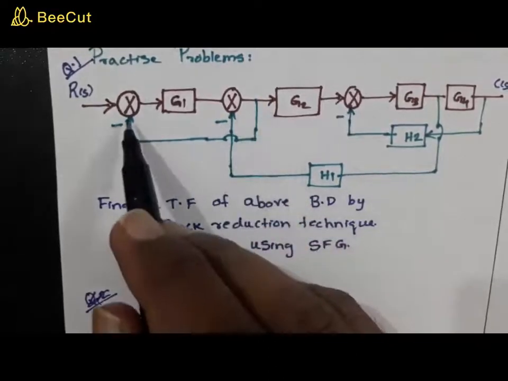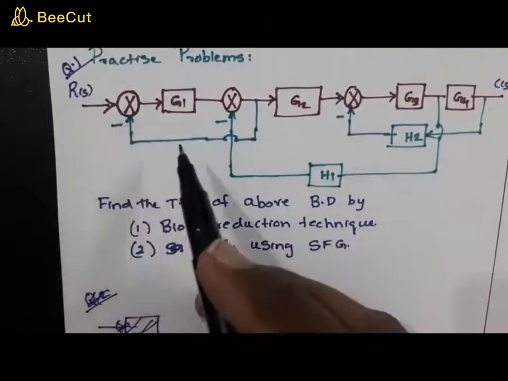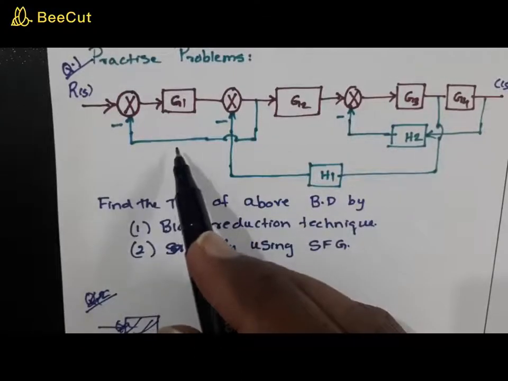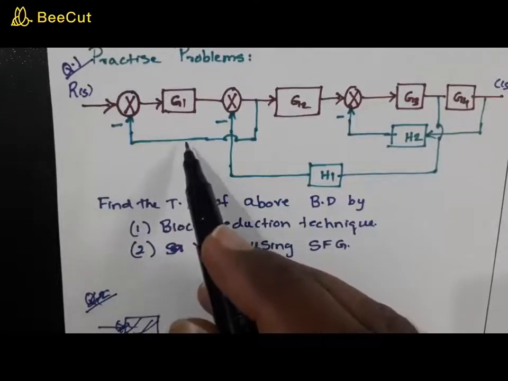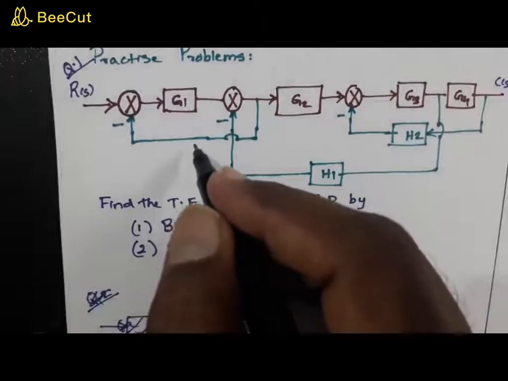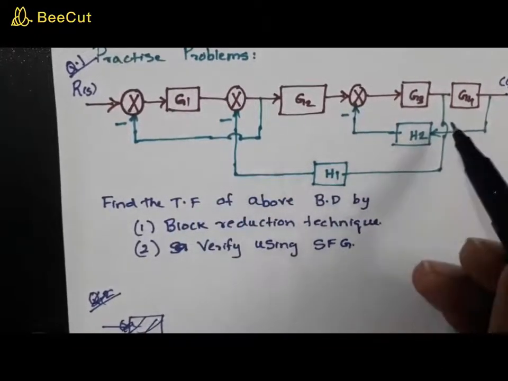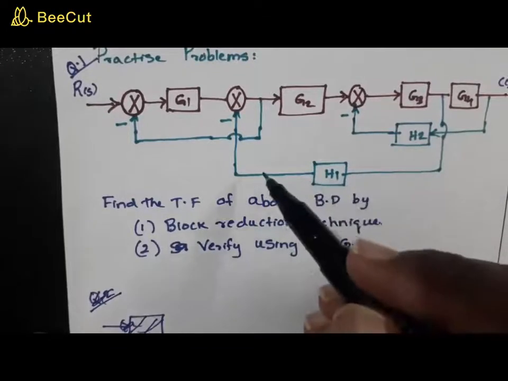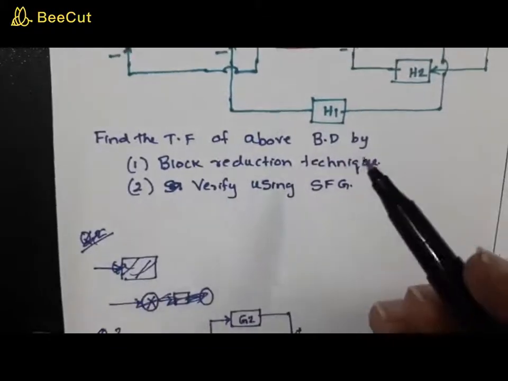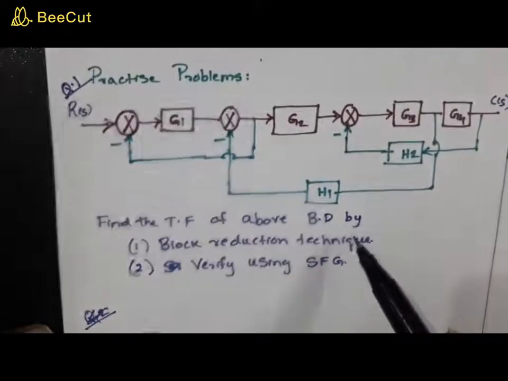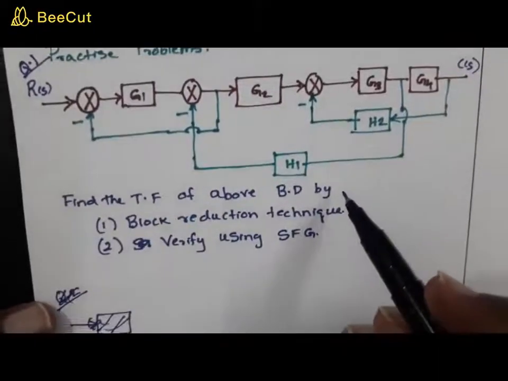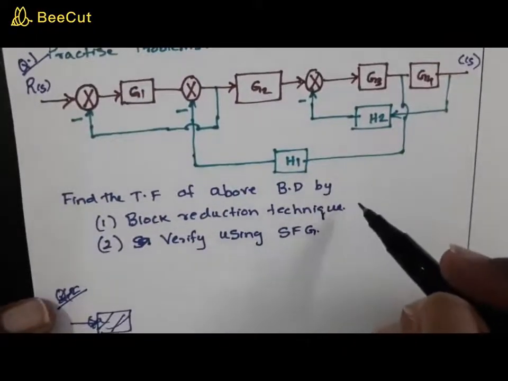So this is directly connected to the summer, so since there is no gain, this gain is equal to -1, right? Now similarly, in this feedback you have H2 and this is having H1. So you are asked to find out the transfer function of the block diagram by block reduction technique.